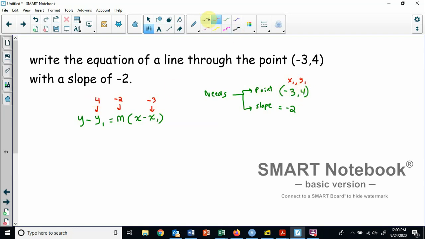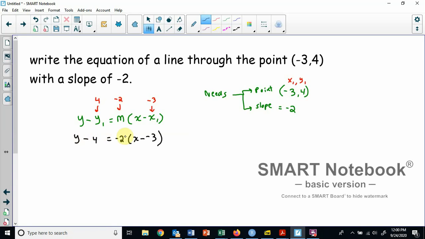So let me just take the time to rewrite what I have. I have y minus 4 equals negative 2 parentheses x minus, notice it's a minus sign, and then I have a negative 3, so be very careful with signs there.